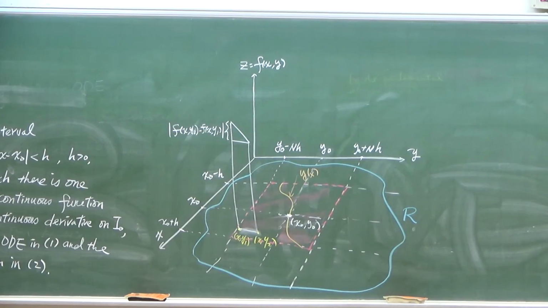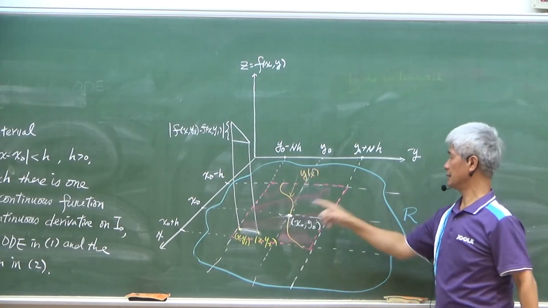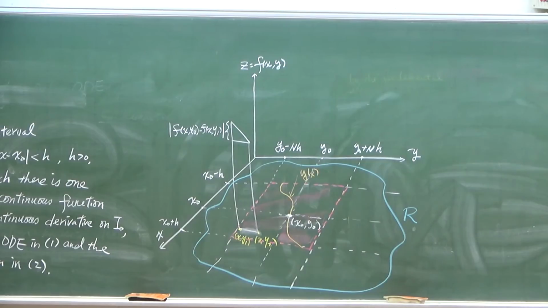And you find that in this region the f(x, y) function is bounded, so you can find a positive number M such that its value is bounded by M. This is the first condition, and (x0, y0) is in this region. The second thing is that in this region, f(x, y) satisfies the Lipschitz condition.